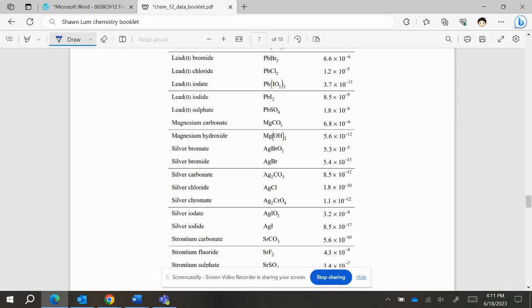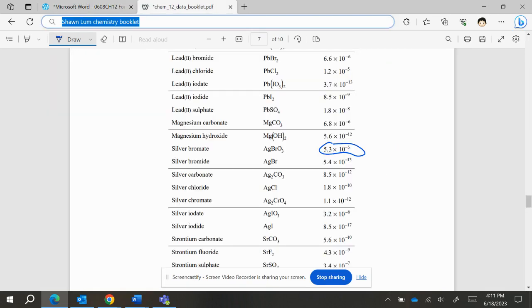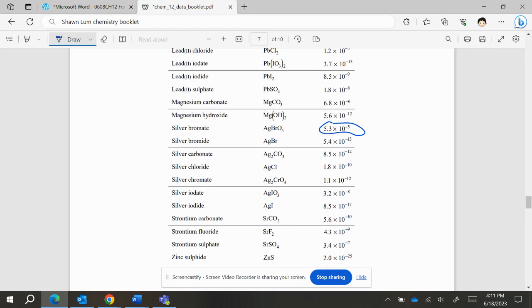Silver bromate is something times 10 to the minus 5. Okay. Strontium sulfate. Strontium sulfate is times 10 to the minus 7.